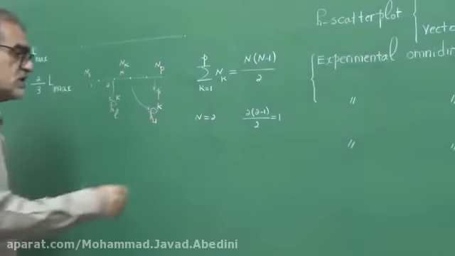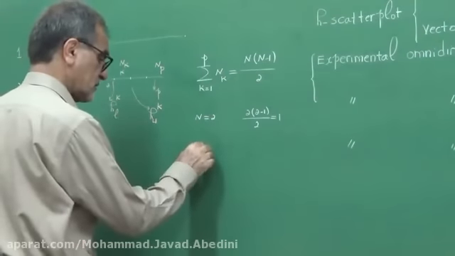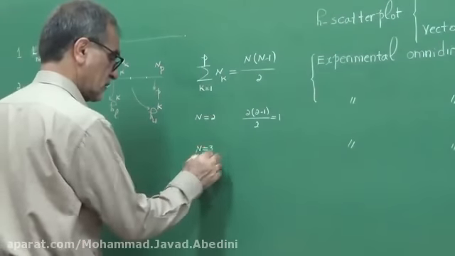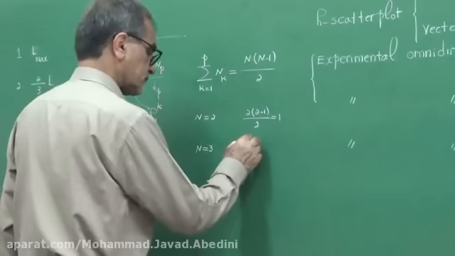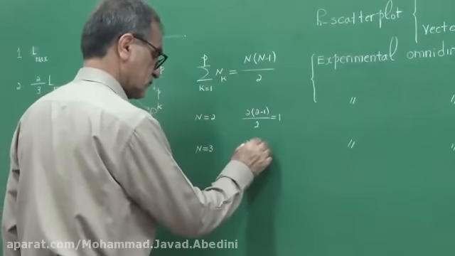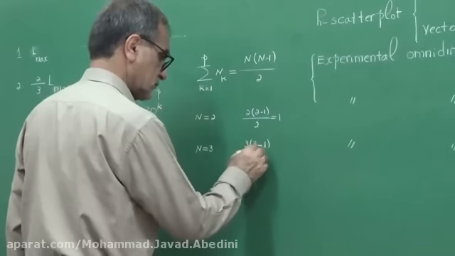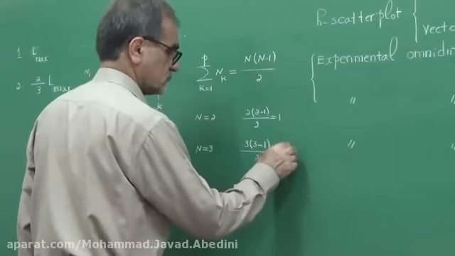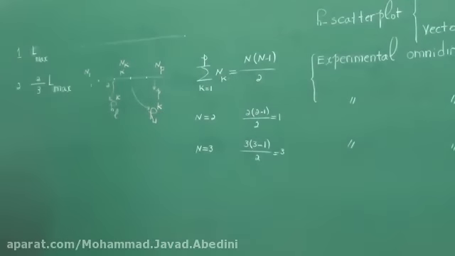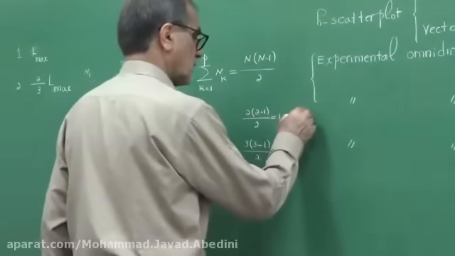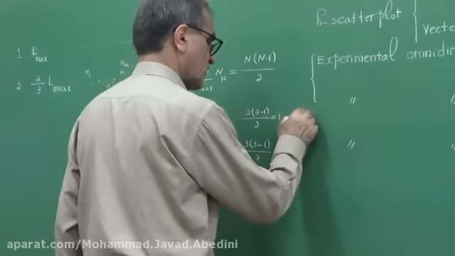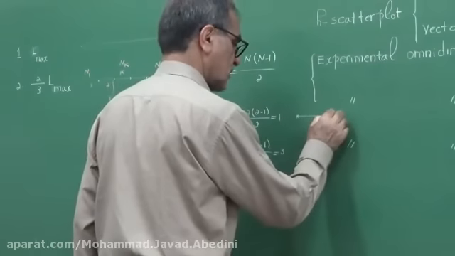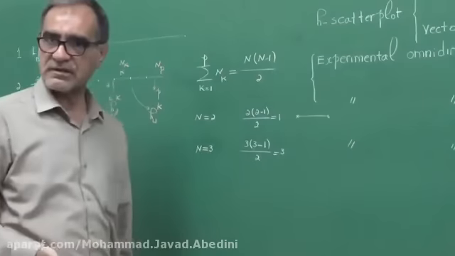If you have 3 data points, here, graphical representation for the case when you have 2 data points is 1 pair.